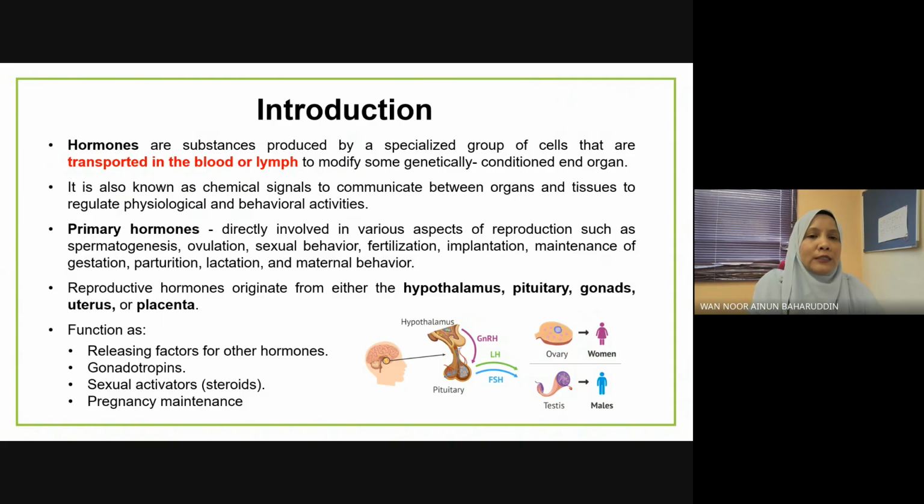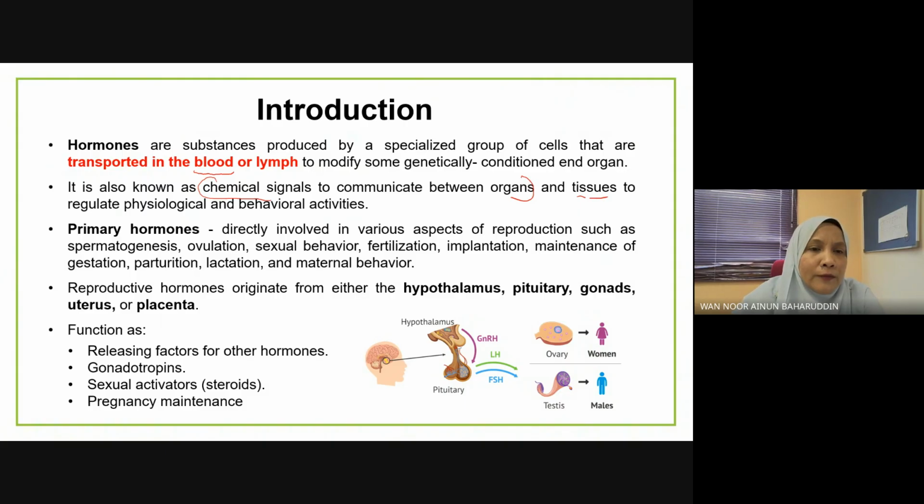So once it is transported via the blood, it does not remain static and it is progressive. So as it is known, chemical signals, what are they? They give chemical signals to communicate between the organs as well as the tissues.